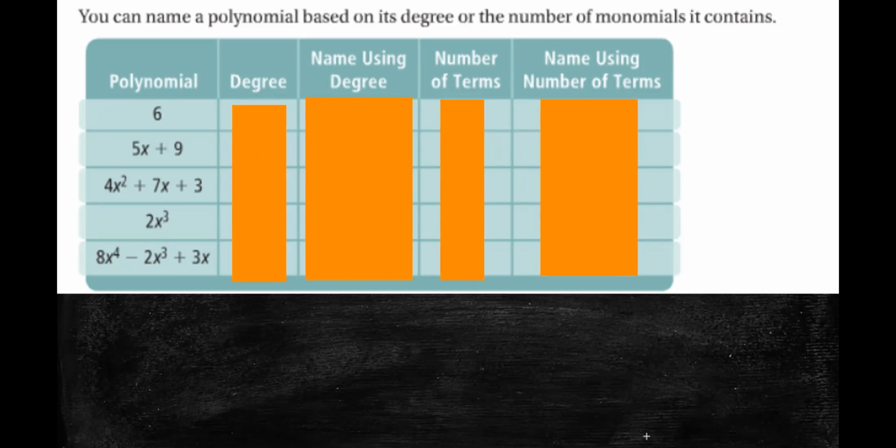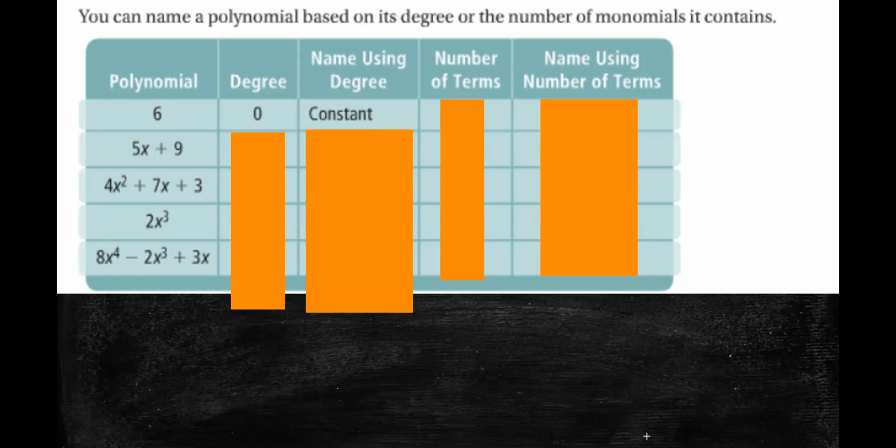Now, the first polynomial, which is 6. What is the degree of the number 6? It is 0. If we have a polynomial that has degree 0, we name it a constant.